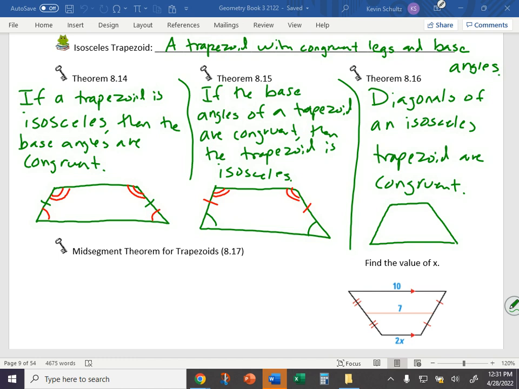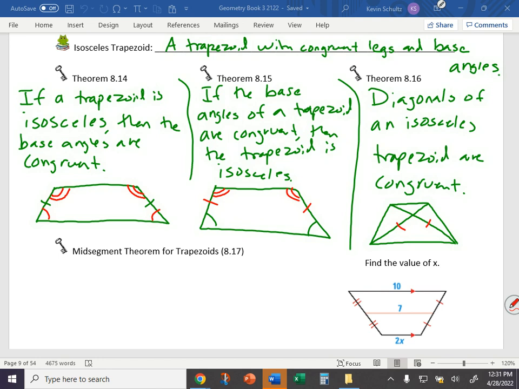In an isosceles trapezoid, the diagonals, of which there are two, just like in all other quadrilaterals, are congruent. Questions so far? Now, none of these three things are true for a general trapezoid that is not isosceles.